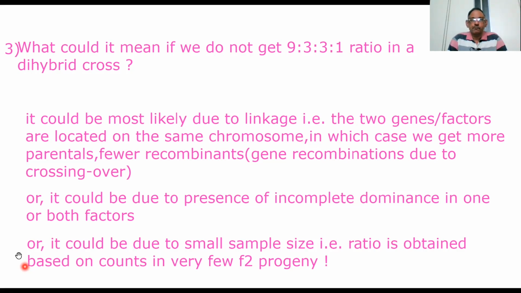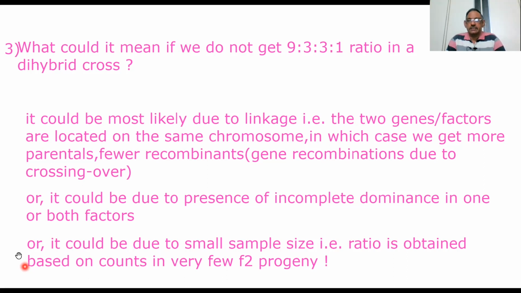Number one, it could be due to linkage. Number two, it could be due to incomplete dominance in one or both factors. Number three, maybe you are testing your dihybrid cross ratio in a very small sample, in very few F2 progeny. As a matter of fact, Mendel tested these ratios in thousands of F2 progeny. The sample size was quite large.